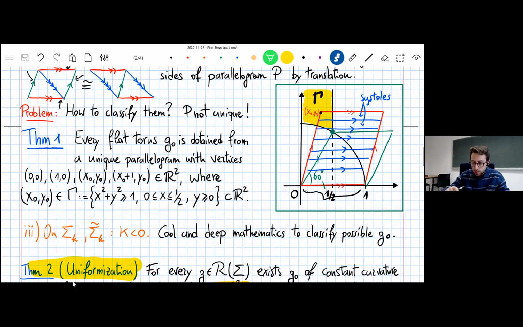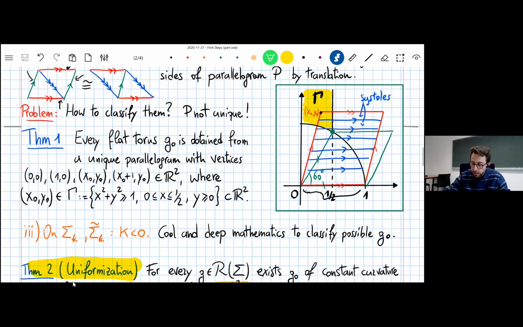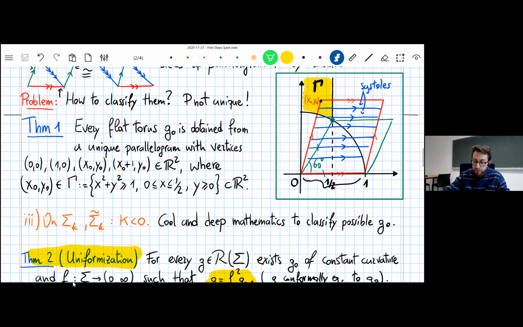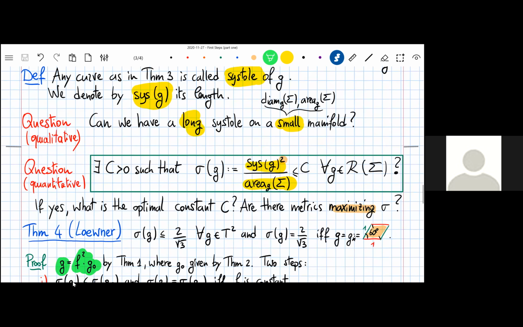So you see from this picture that having the smallest area gives you the largest systolic ratio. And among flat tori, the one making the 60-degree angle is the one with the biggest systolic ratio. Okay.